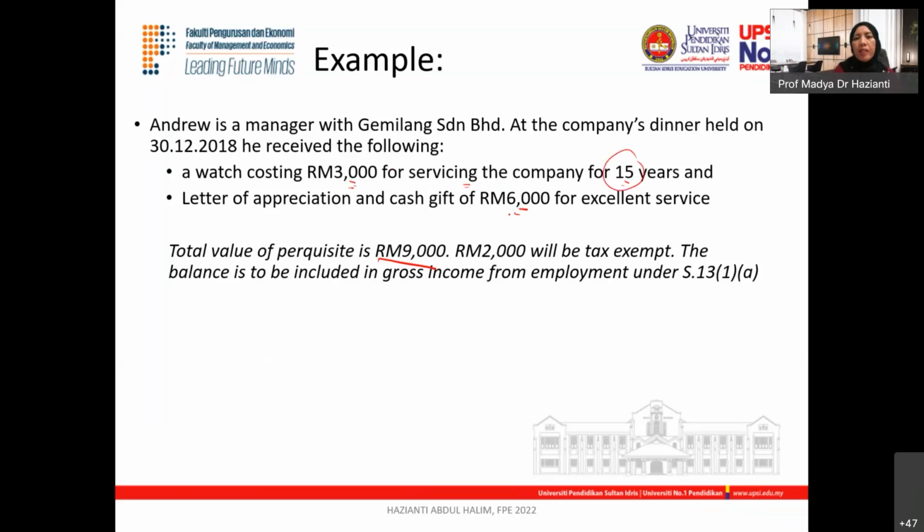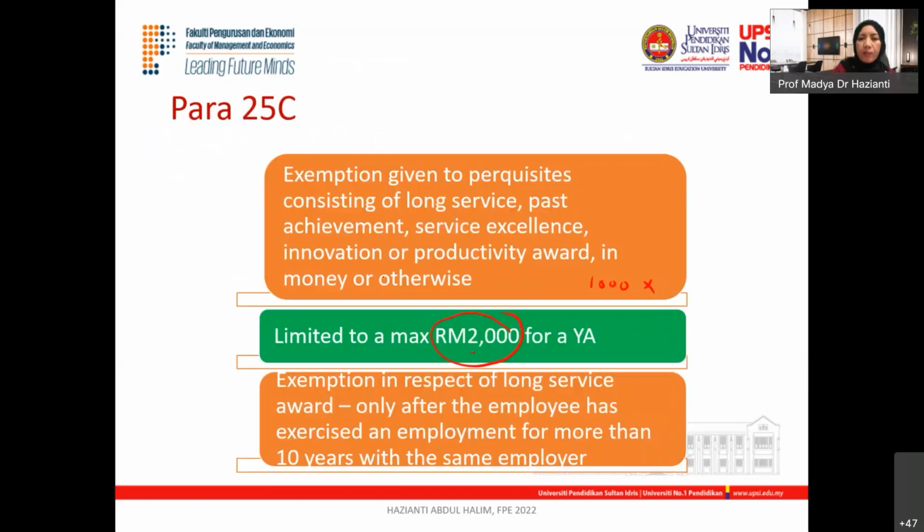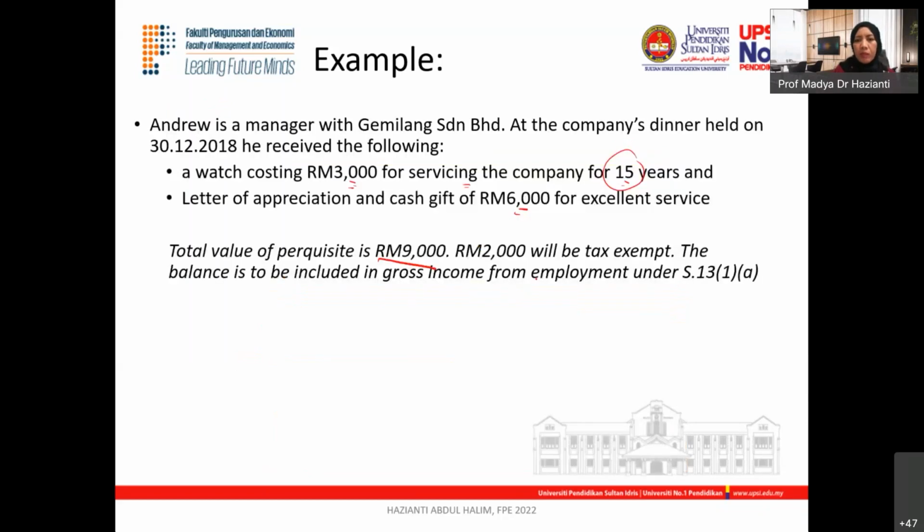So 3,000 plus 6,000 is 9,000. According to this, 2,000 will be exempted. So 9 minus 2 leaves 7. So 7,000 will be taxed. Can you understand? When we say there is an exemption, whatever gross income you have must be reduced by the exemption. So the balance becomes the taxable amount.